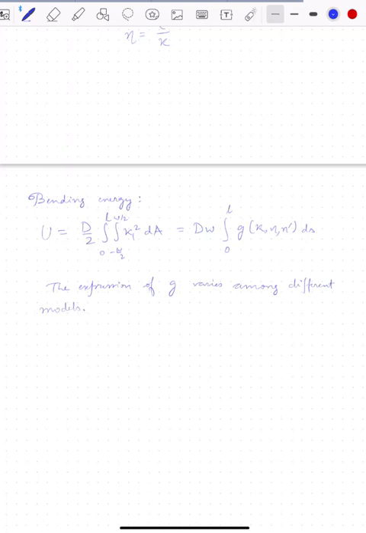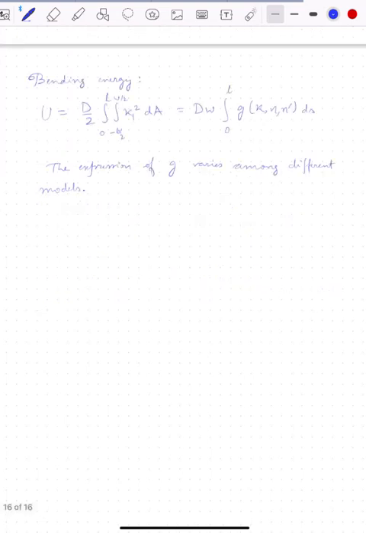Right? So this is eventually the elastic energy, and then we use all those concepts from variational calculus and then derive the governing equations.